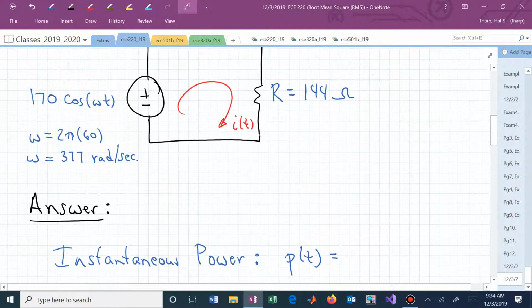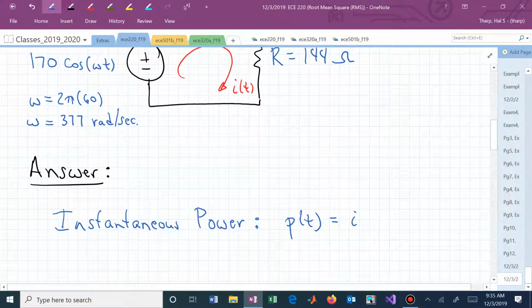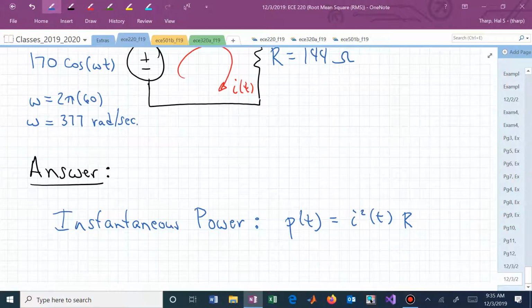What is little p of t? It's I squared R, or V times I, where V is the voltage dropped across that circuit element and I is the current through it. That's another way of saying instantaneous power, I squared R. And what is I?